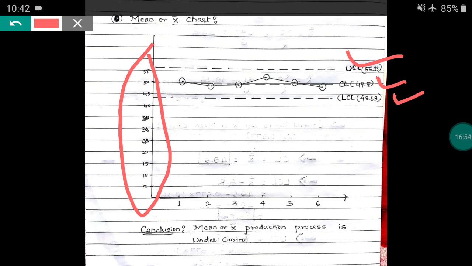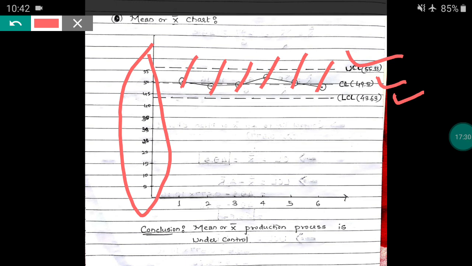After that, take the first sample mean, 50. Okay, here the point is there. Second sample mean is 48. Third sample mean is 49. Fourth sample mean is 52. Fifth sample mean is 50, and sixth sample mean is 48. Okay, after that you should connect all the points.